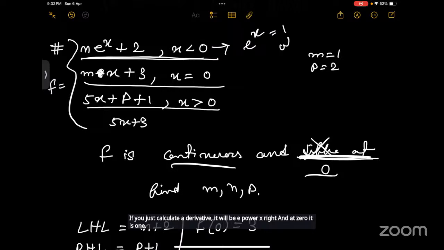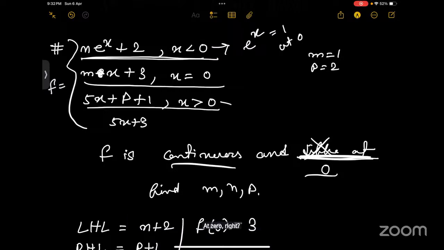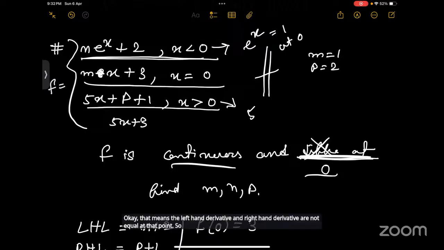And the other will be 5. So these are not equal, right? Okay, got it. That means the left hand derivative and right hand derivative are not equal at that point, so we cannot say that the function is differentiable.